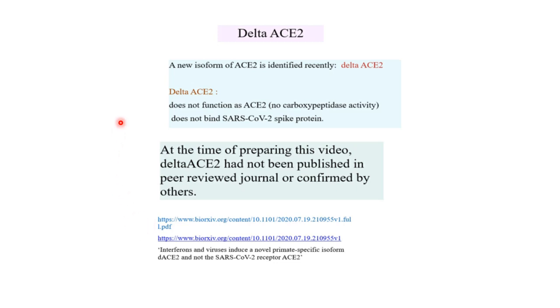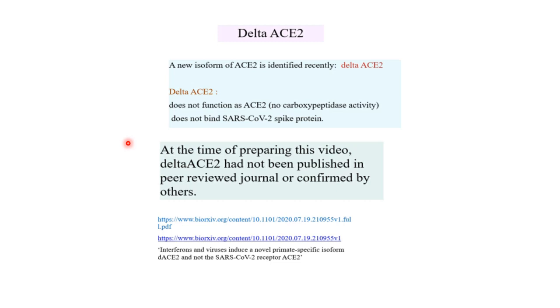And what is being presented is that a new isoform of ACE2 is identified, delta ACE2. Delta ACE2 does not function as ACE2, has no carboxypeptidase activity, and does not bind the SARS-CoV-2 spike protein.